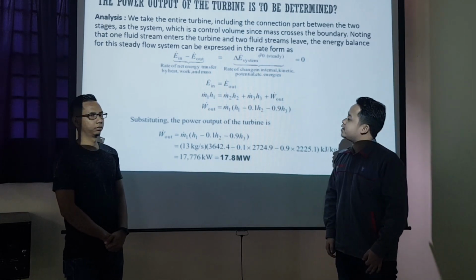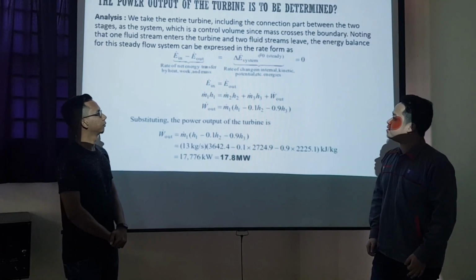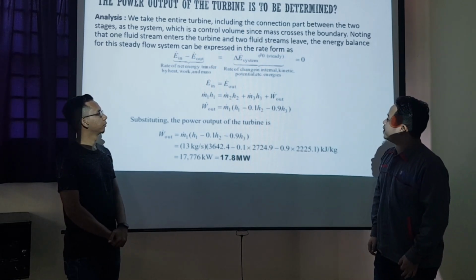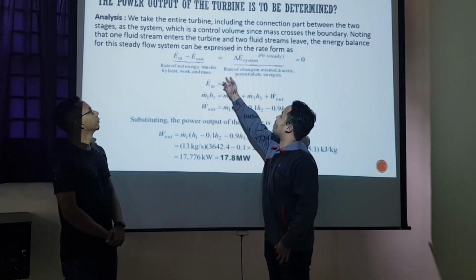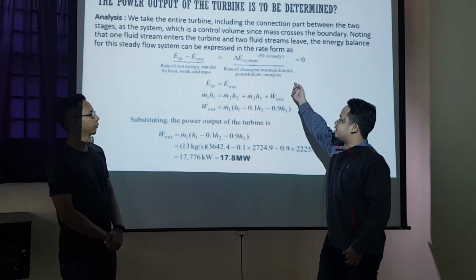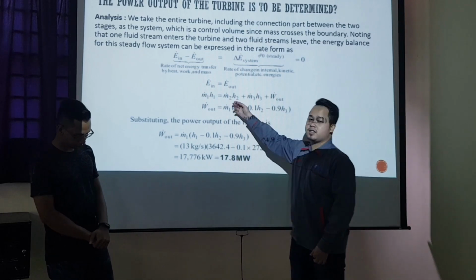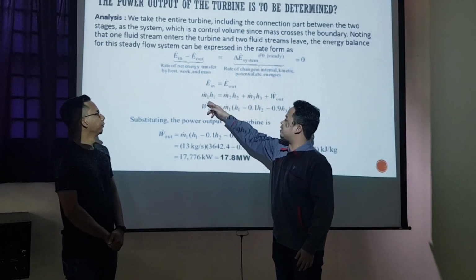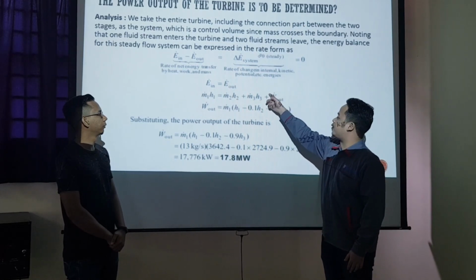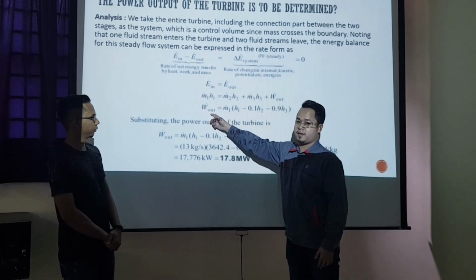Noting that one fluid stream enters the turbine and two fluid streams leave, the energy balance for this steady flow system can be expressed in the rate form as this equation, which will be equal to 0. Hence, we get the energy balance equation. We expand it as this, and then we have to look for the power output, which is this one, so we make it the subject.